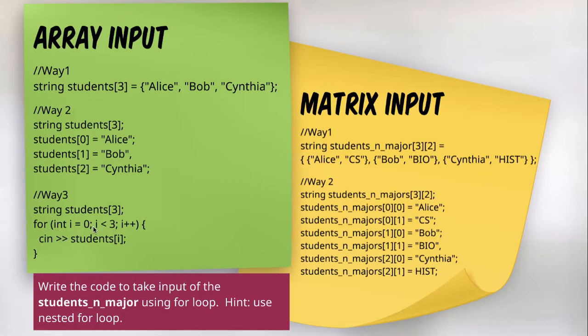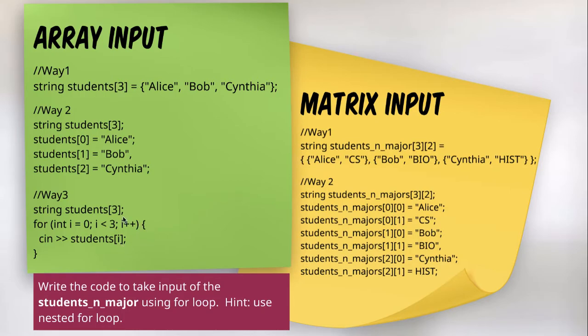And now since the size of the array is 3, I have prepared the condition so that the loop variable will iterate until it is less than 3. So i less than 3. And finally, I have incremented the loop variable. So what will happen in this loop is, first, the value of i is 0, so it will ask the user to input the 0th element of the students.